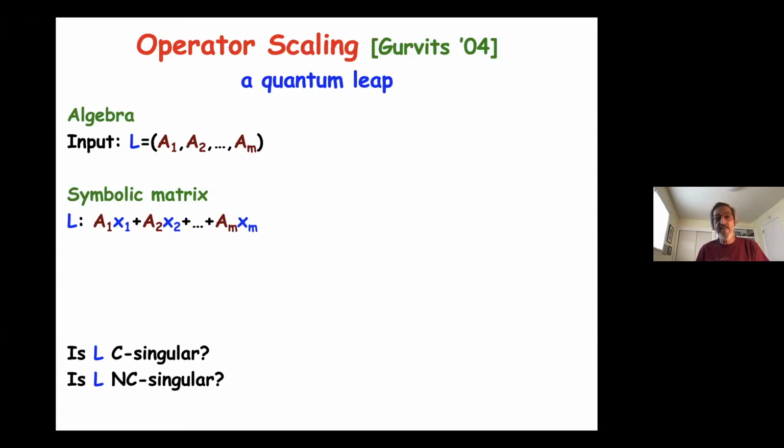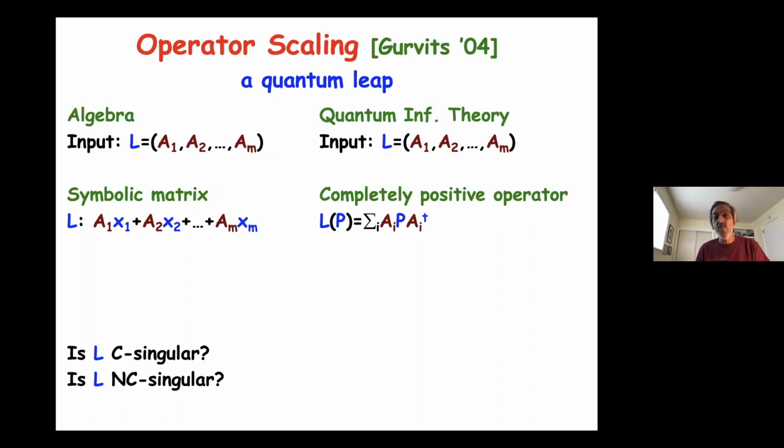But anyway, it's a very particular algebraic-looking problem. He translated it to a problem in quantum information theory about quantum operators. So a tuple of matrices can be viewed as a symbolic matrix, but can be viewed also as a quantum operator.